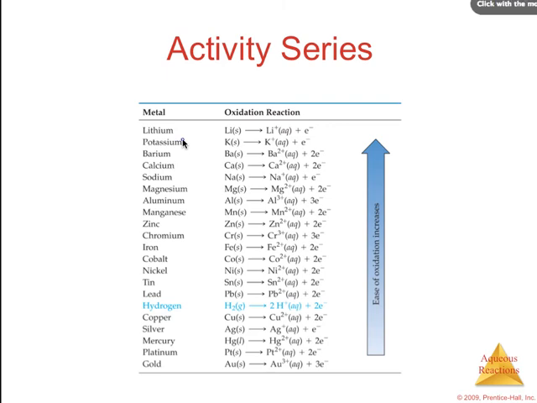So, for instance, the most reactive metal, at least on this list, is lithium. So that means lithium as a metal will make any ion below it accept an electron to become the metal. Keep in mind that typically these ions are more stable.